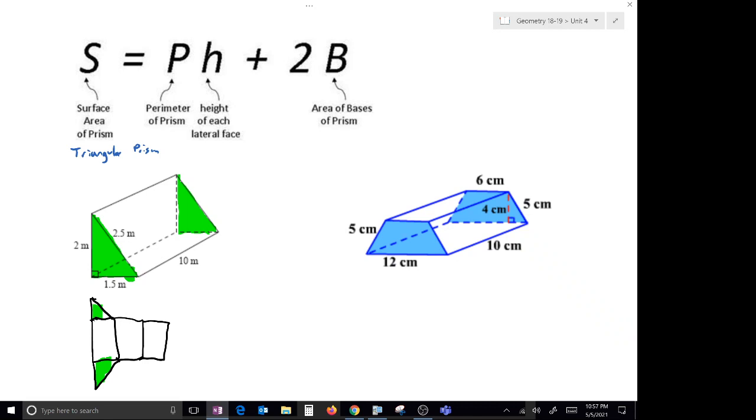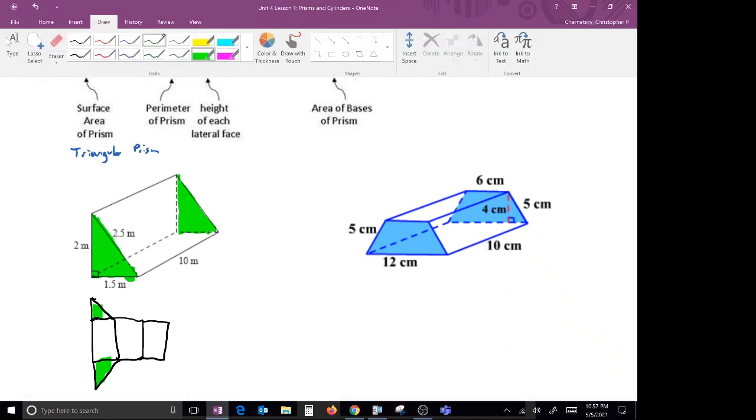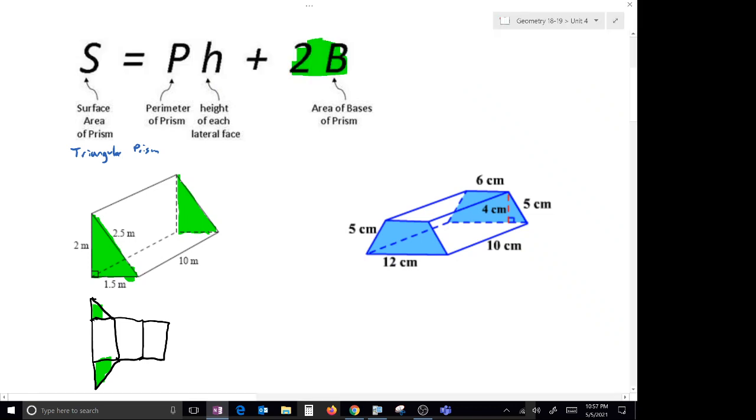But we have a shortcut formula that works on every single prism, no matter what shape the base is. Essentially it calculates the area of the two bases, so that's the 2B, capital B being the area of one of our bases, multiplied by 2 because there's two of them. And then we find the area of this big rectangle, like if we add all three rectangles together.